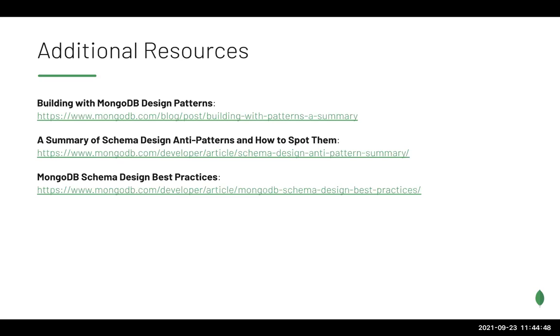And then finally, we also have a blog post on MongoDB schema design best practices that you can use as a reference as you start building out the application. It covers a lot of the same stuff that this webinar did.